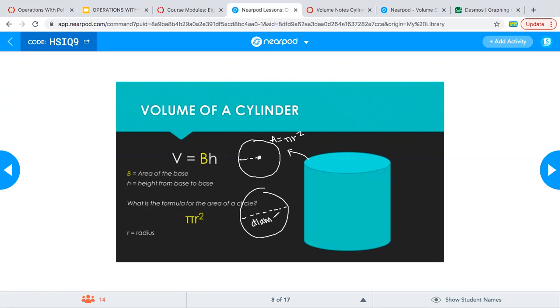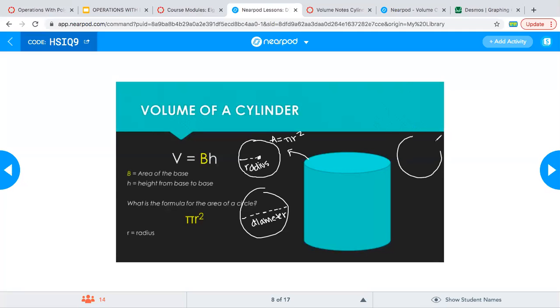Diameter. Does that sound familiar? But halfway across from the center of a circle to the edge is called the radius. The radius. Okay, so if you don't know that fact, I would draw it somewhere on your paper.